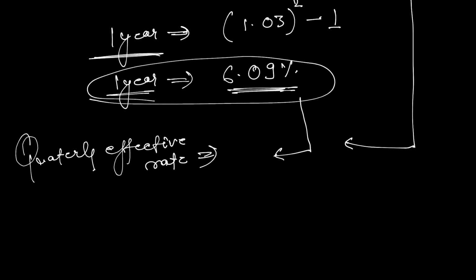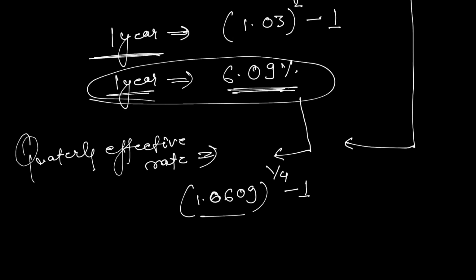Let's first convert the 1 year effective interest rate to quarter. So it is 1.0609. Now you have to play with power because it is quarter. 1 by 4 minus 1. So the rate would be 1.0609 raised to the power 0.25 minus 1 into 100.